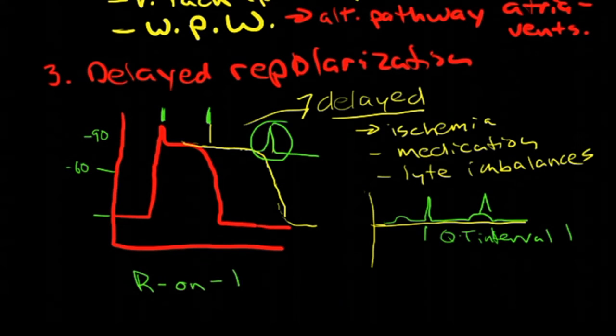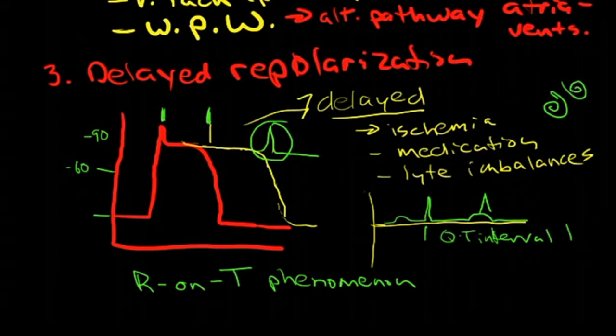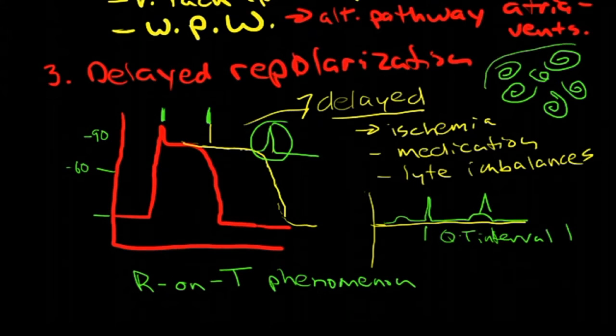Now what happens is, remember, these cells are hyperexcitable because they're already partially depolarized, so you end up having this R on T phenomenon around a whole bunch of other hyperexcitable cells, so you end up with cells that are all sort of triggering each other, and you end up with all these little circuits around the heart where each cell is depolarizing the cells next to it, and they're all triggering each other, and this causes ventricular fibrillation.